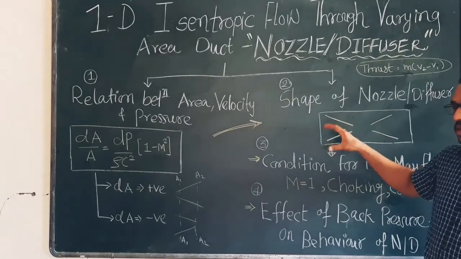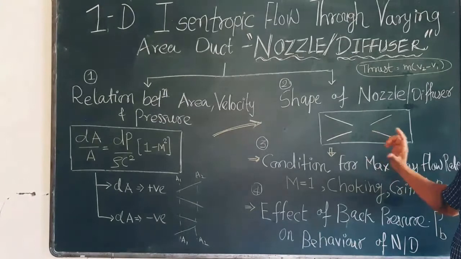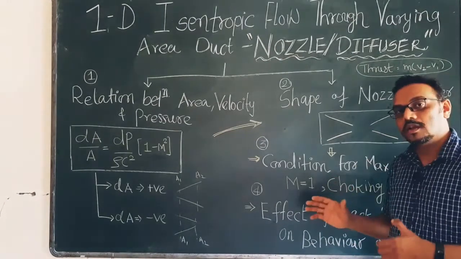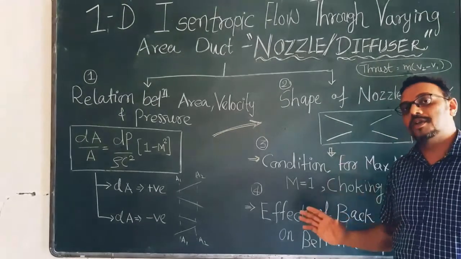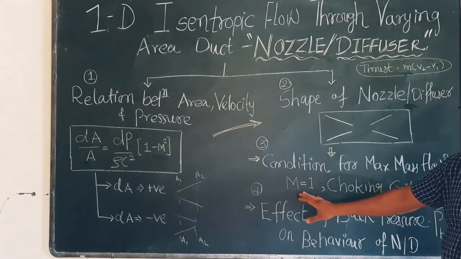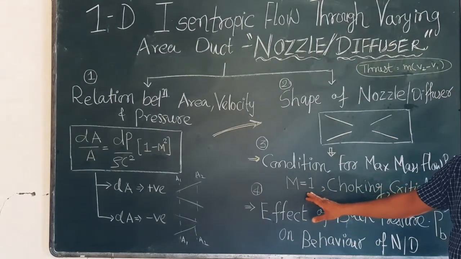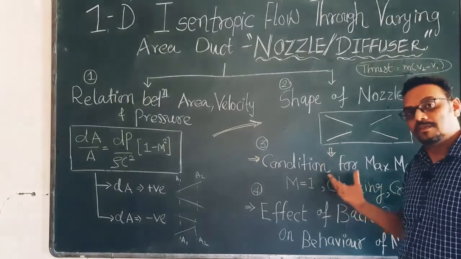So if you design your nozzle in the right way, then at the throat, meaning the minimum cross-section area of the nozzle, your flow should always be sonic, meaning Mach number should be equal to 1. Under that condition only, your nozzle can give maximum mass flow rate.